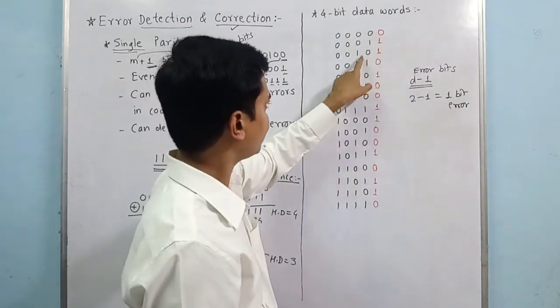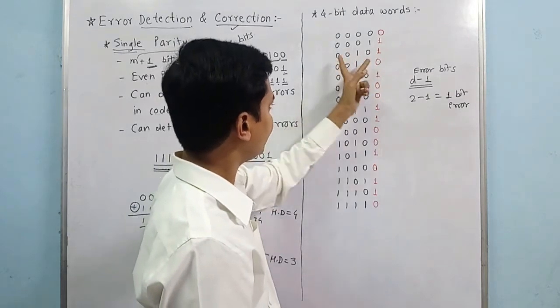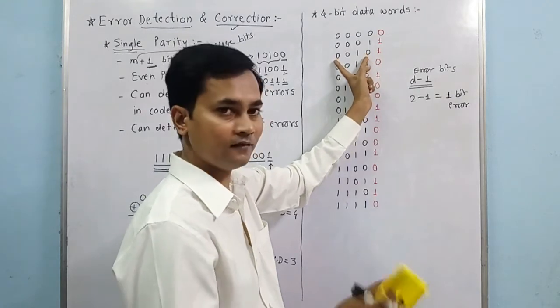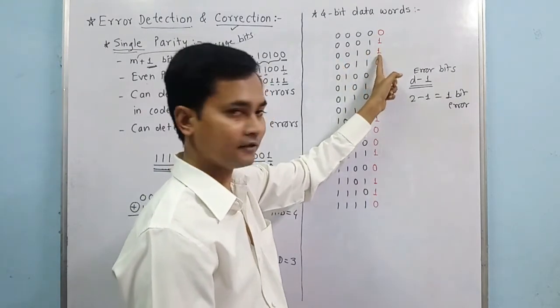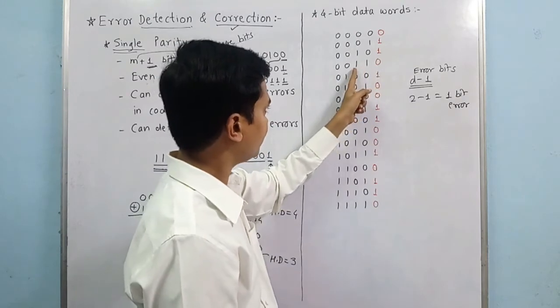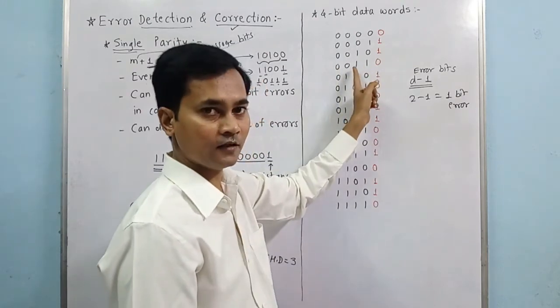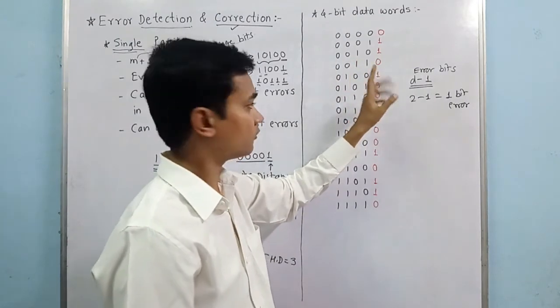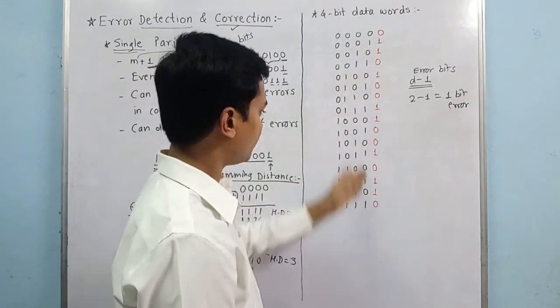In the third combination, only one logic 1 is available, so to make it even, one logic 1 is added. In this combination there are 2 logic 1s, so there is no need to add 1 as a redundant bit. So 0 is added here, and so on.